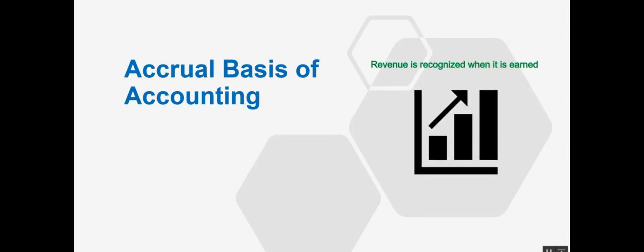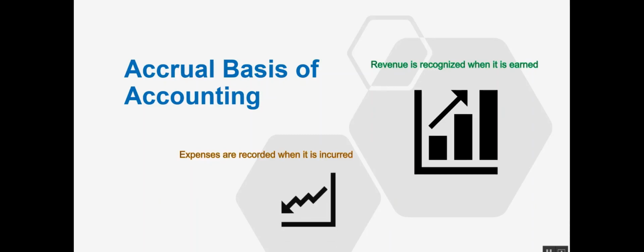What is the accrual basis of accounting? Under this, we record revenue when it is earned, not when it is paid by the customers. Similarly, expenses are recorded when they are incurred, not when they are paid. So basically the payment date is different from the recognition date.